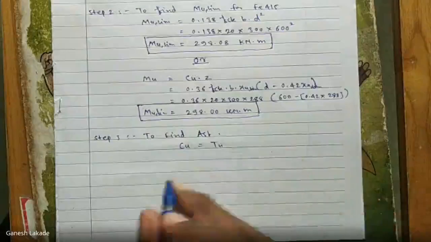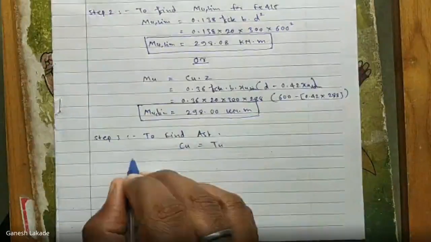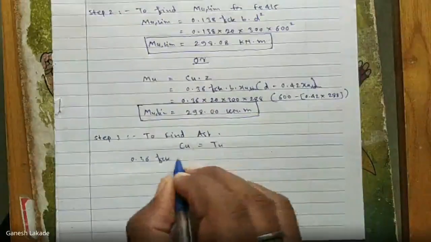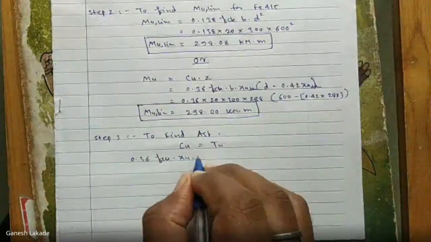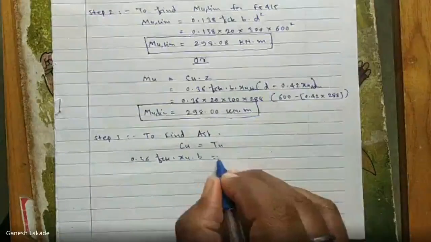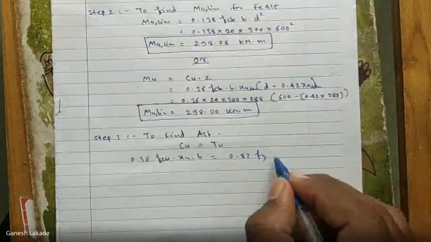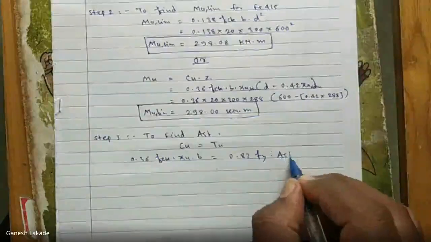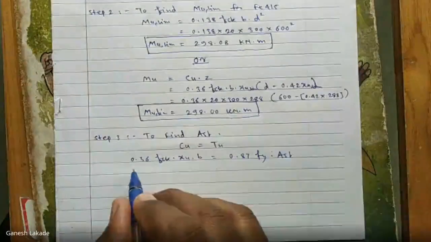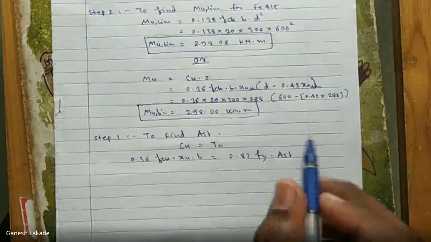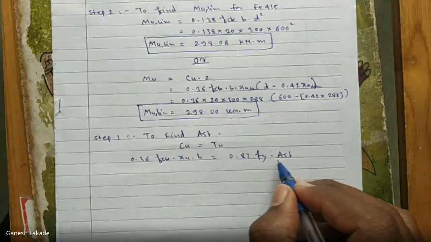So 0.36 fck into XU into b will be equal to 0.87 fy into AST. We know all the terms in this equation, only AST is unknown.